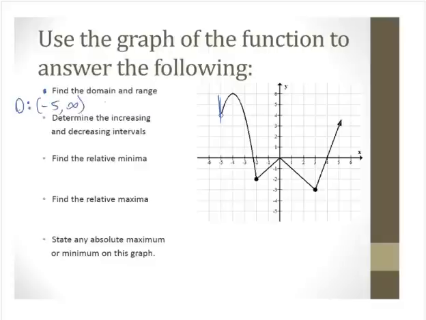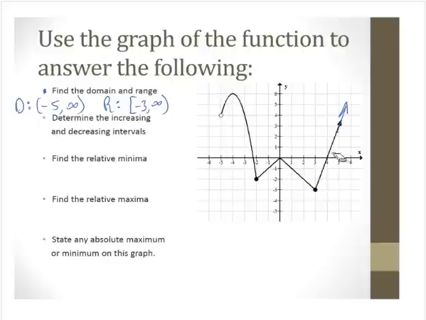The range. Do we have a minimum value? Yeah, we appear to have a minimum value at -3, and it continues upward and covers everything. So the range would be bracket -3 to infinity. We're using a bracket because it includes that exact value.